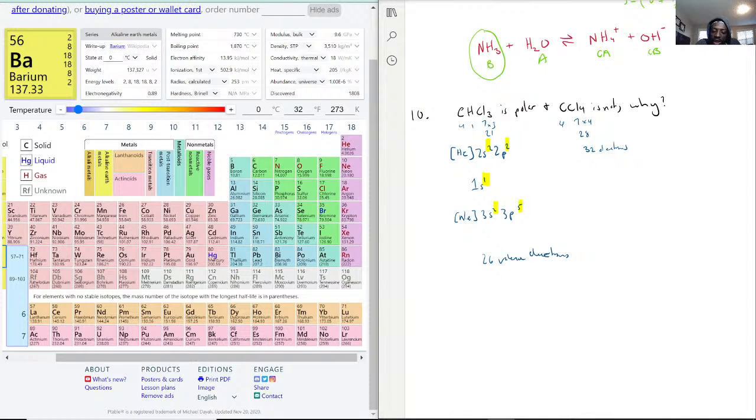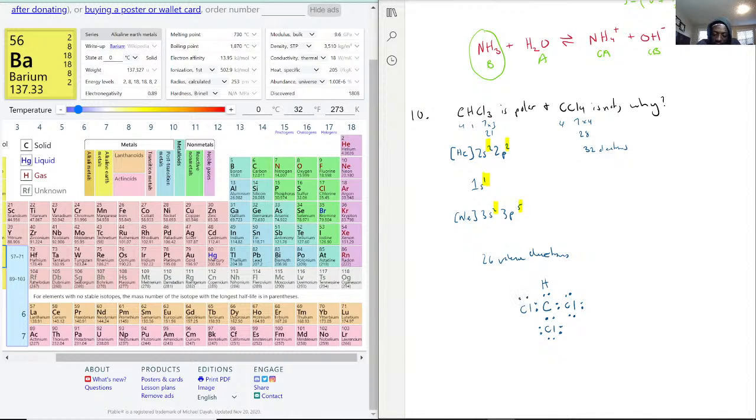So starting with CHCl3, we want to put the carbon in the middle, because carbon is typically in the middle. And we have Cl, Cl, Cl, H. And then we fill out the chlorine specifically because they have more valence electrons, so they need to account for it.